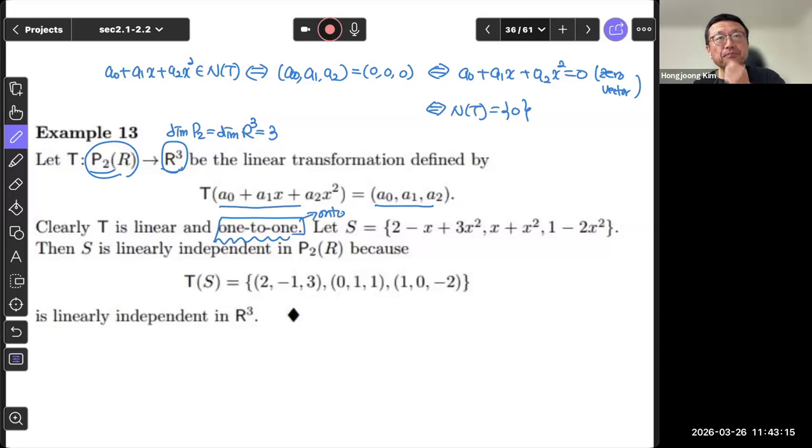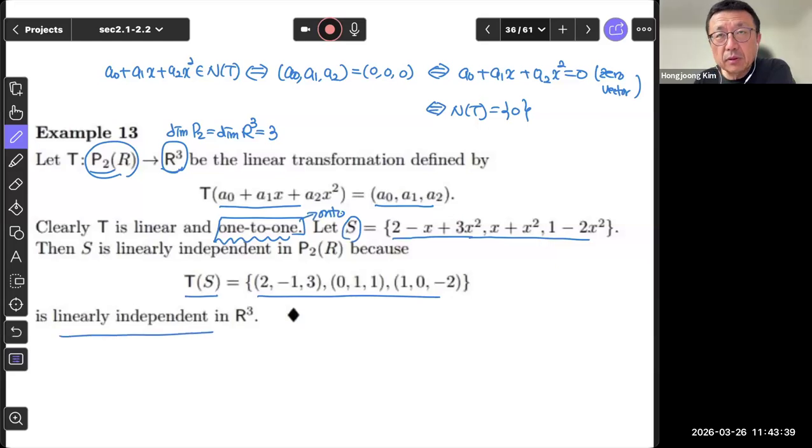Okay. Now, in addition, if I consider some S in P2 space, you can easily show that they are independent because the images are linearly independent. Is it true?